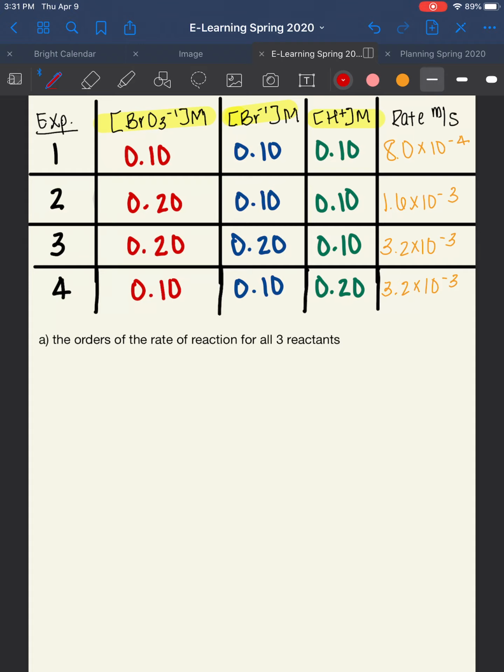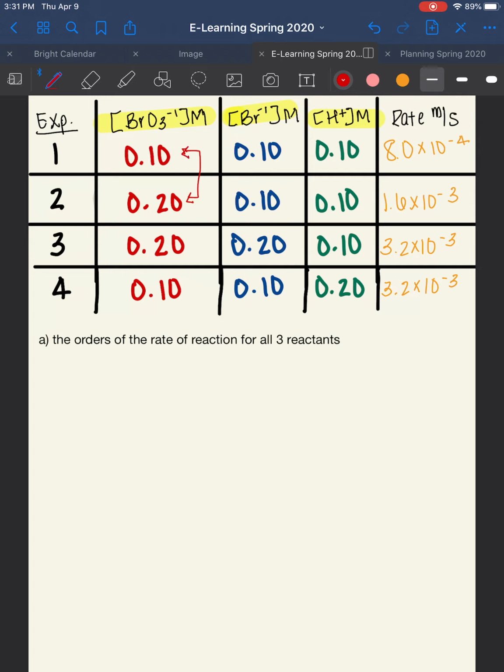The easiest way for us to do that is to look at how the concentration changes and how the rate changes to reflect that. So let's start with BrO3 negative 1. The values here in the table are measured in molarity, or your concentration. So let's look at experiment 1 to experiment 2.